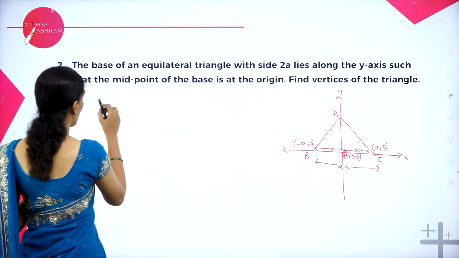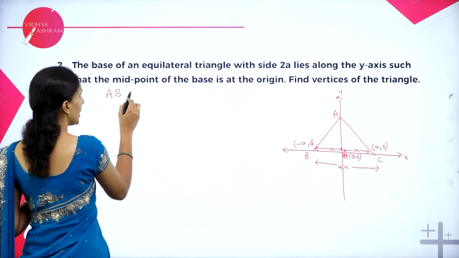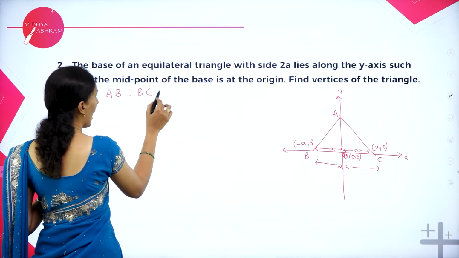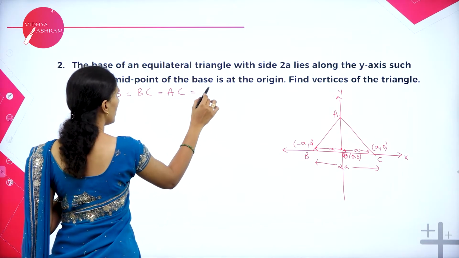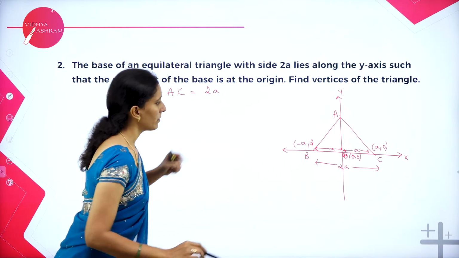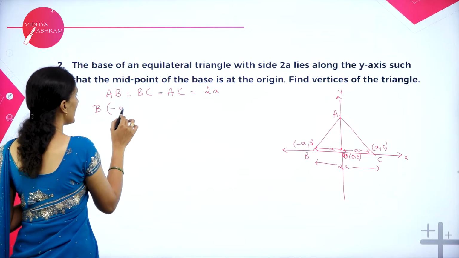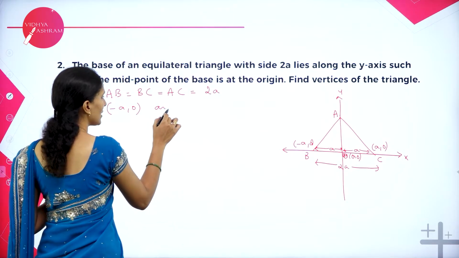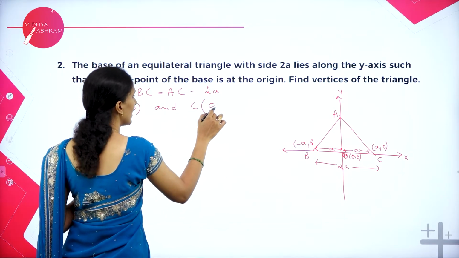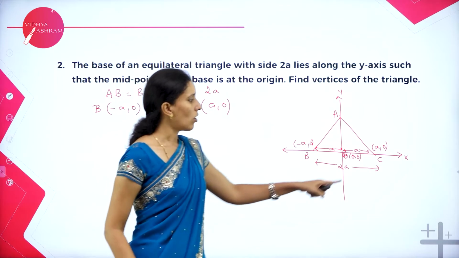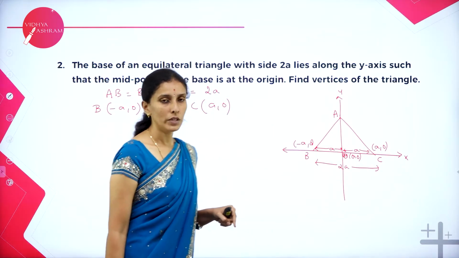Since it is an equilateral triangle, distances AB, BC and AC will be 2A. Now from that we can see the coordinate of B is minus A, 0, and the coordinate of C is A, 0, because on the x-axis the y value is 0.